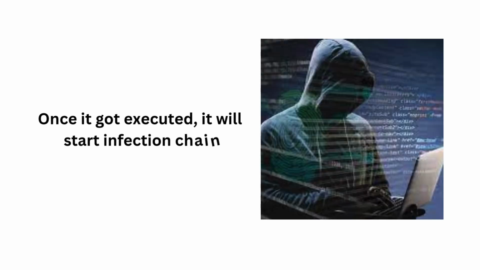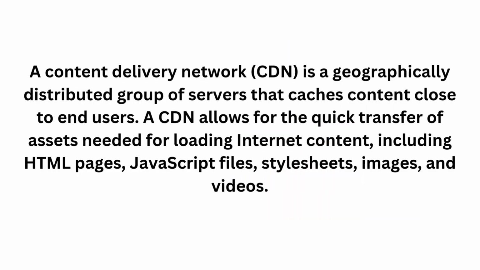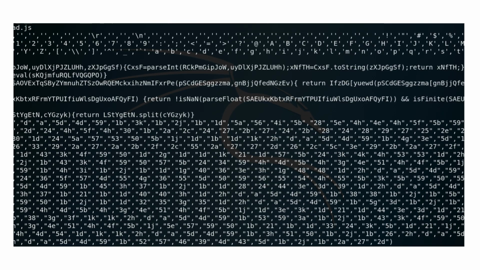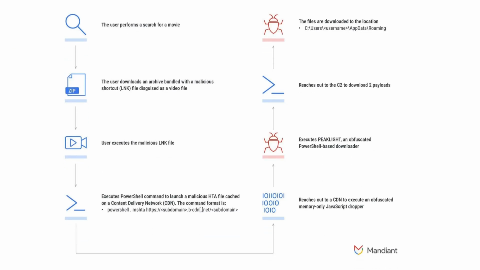Once executed, they unleash a multi-stage infection process, starting with a connection to a content delivery network which hosts an obfuscated memory-only JavaScript dropper. From there, a PowerShell based downloader is executed, and that's where things get really interesting.